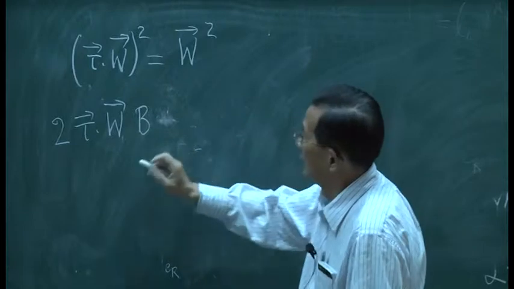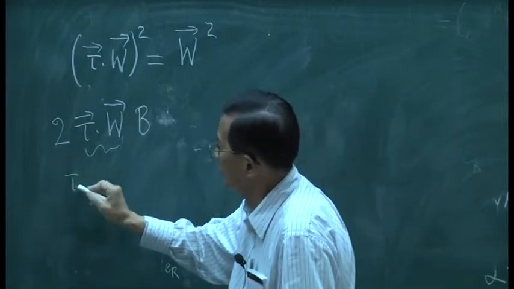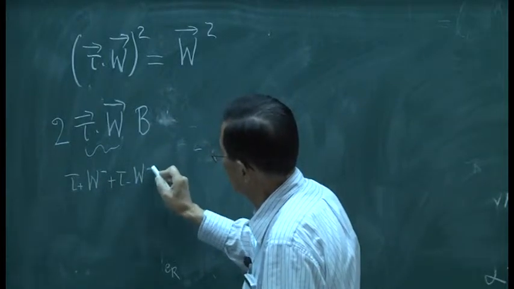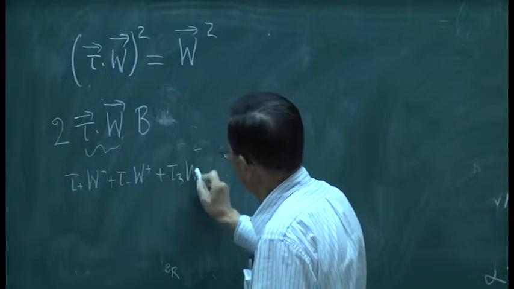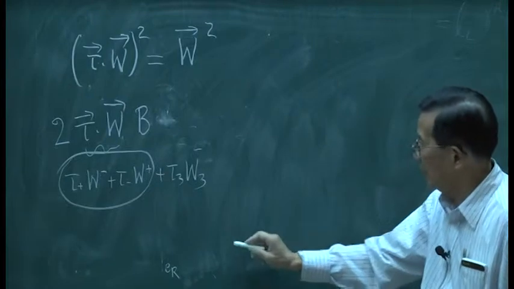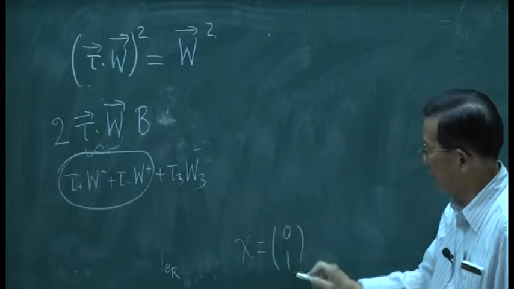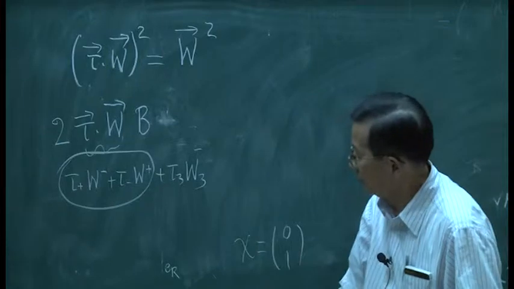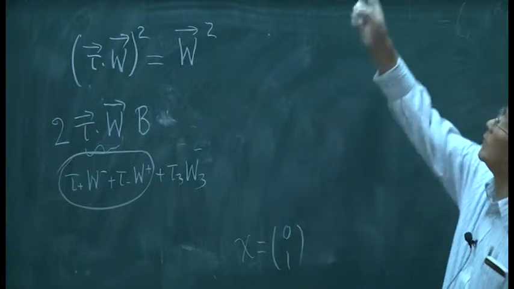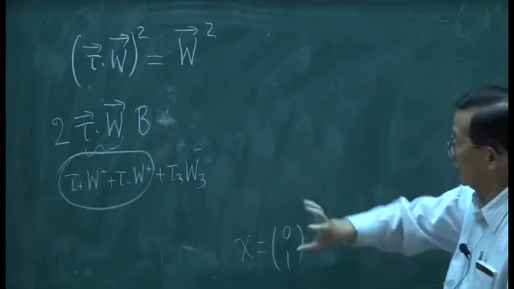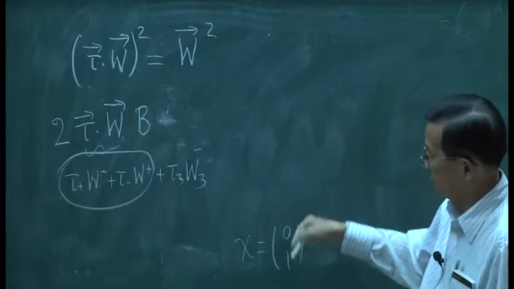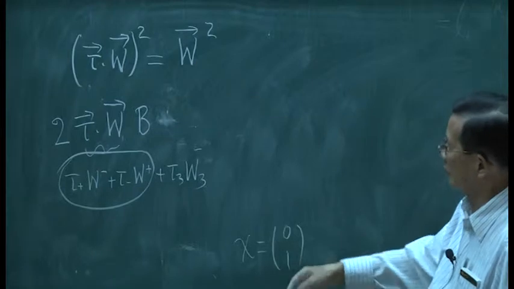Now, if I write this out, I have tau plus W minus, W plus, and then tau 3, W3. These two terms will not contribute because chi equals (0, 1). So this will raise this to become here, but on the other side chi is still this, so they cancel and give me 0, right? For this, I cannot lower it anymore, so I get 0.